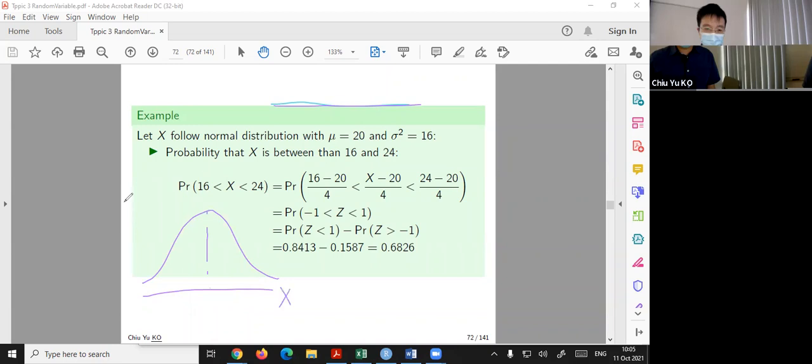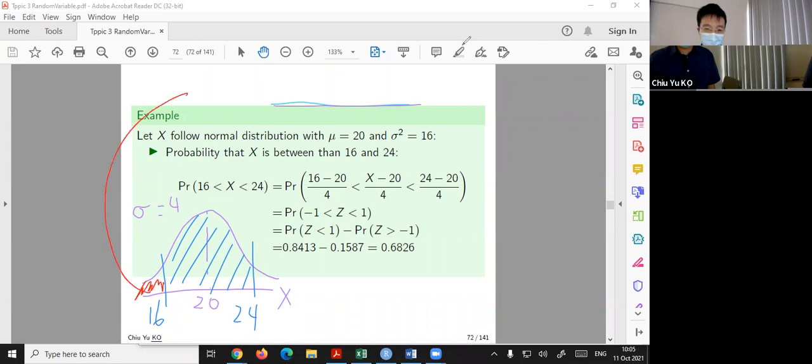So we know the mean is 20 again, sigma is 4. The question being asked is 16 is here, 24 is here. You want this blue area, and what we know is the area below 24 and below 16. The difference will be in the middle, right? So just to recap, what we're going to do is we find the red area.